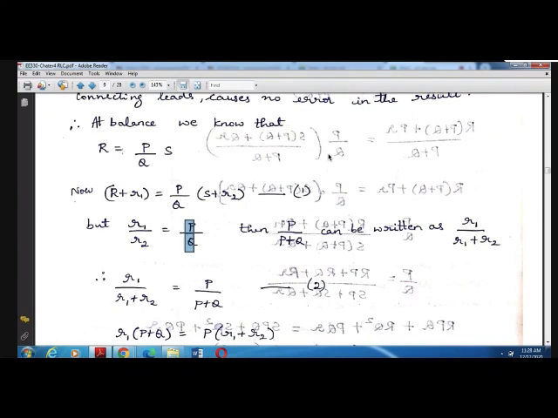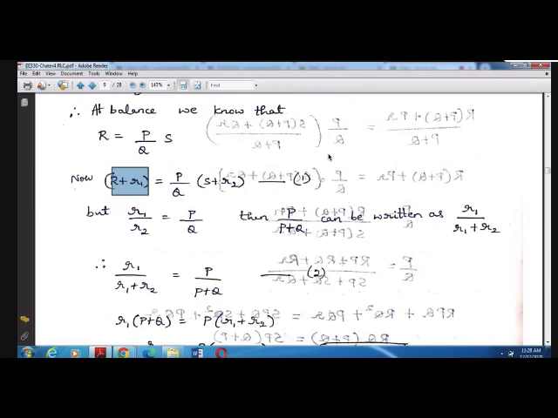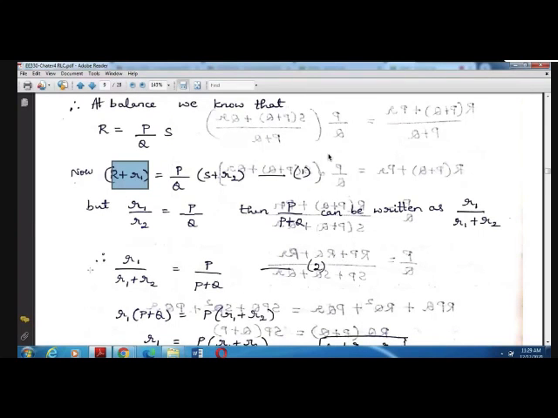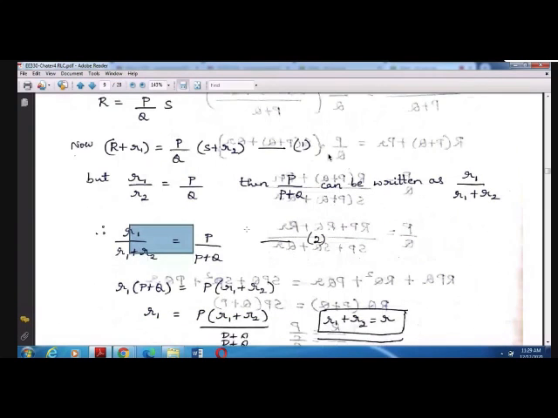In this equation, we have replaced P by Q with P by P plus Q, and R1 by R2 with R1 by R1 plus R2. Then we just cross multiplied these and obtained the value of R1.